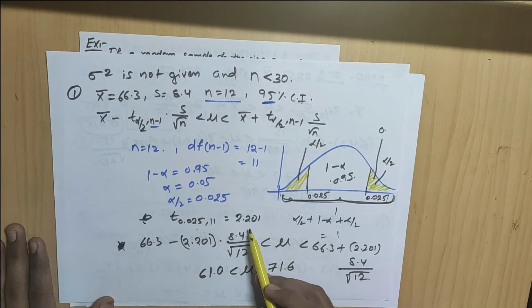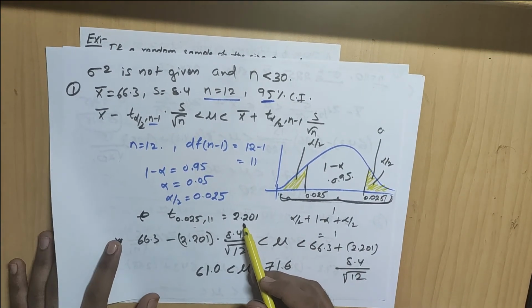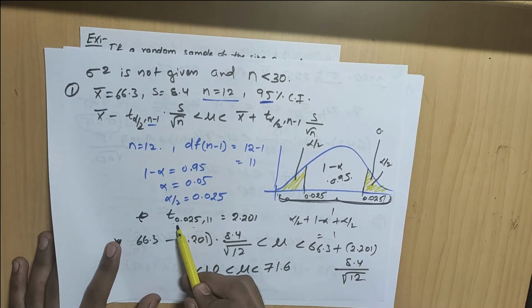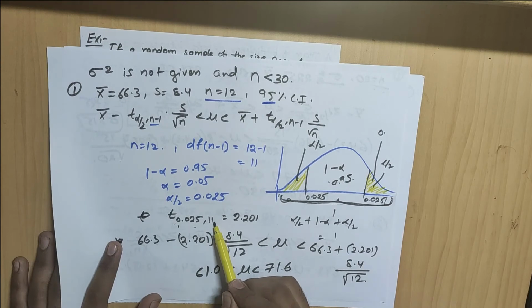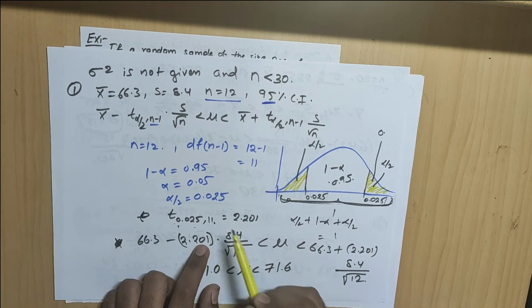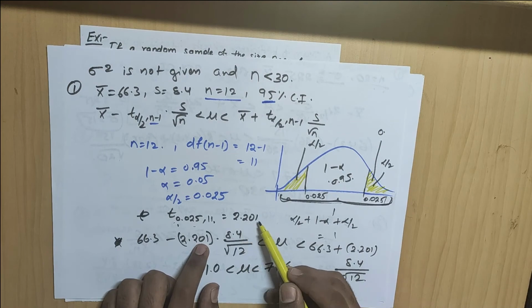From the table, t of 0.025 with 11 degrees of freedom is 2.201.